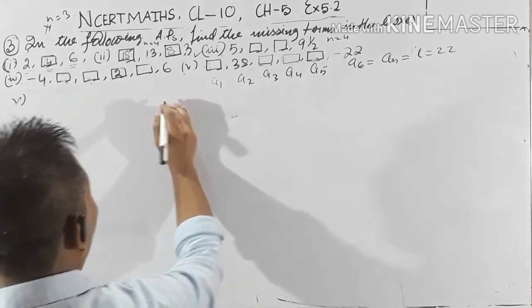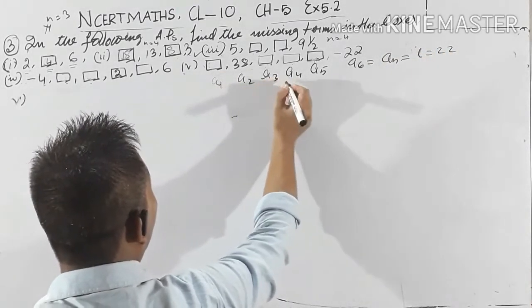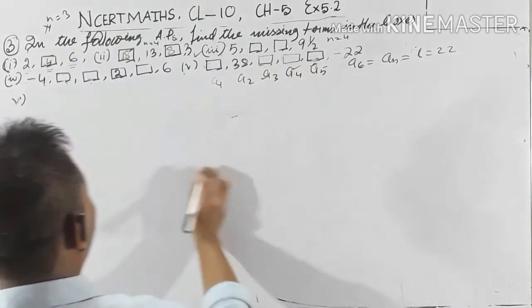Okay, so what we have to assume is the first term, second term, third term, fourth term, fifth term.